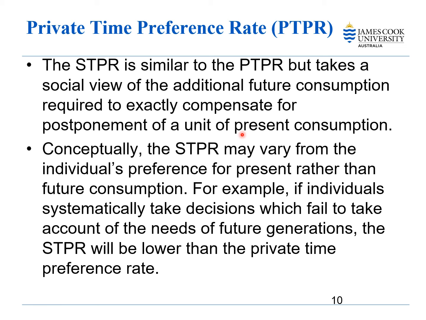For example, if individuals systematically take decisions which fail to take account of the needs of the future generations, the STPR will be lower than the private time preference. So they could be different if individuals do not care too much about the future generations.